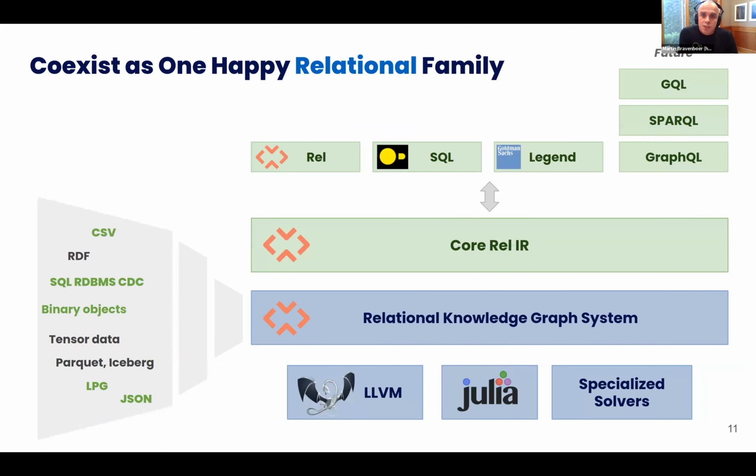All right. The interface into the RelationalAI system, which is intended to be the blue box here, is a very expressive relational core language, which may be better understood as an intermediate representation. The overall system builds on LLVM, the Julia language, and in some cases specialized solvers. And the REL language itself, which is the box here, is the most general and expressive language in this picture.